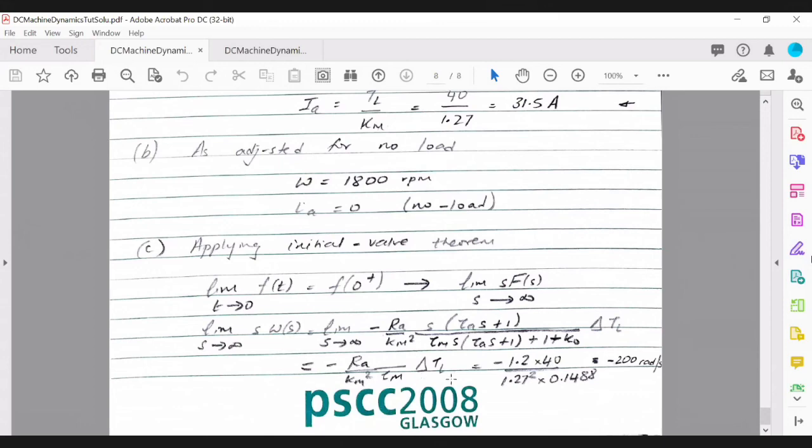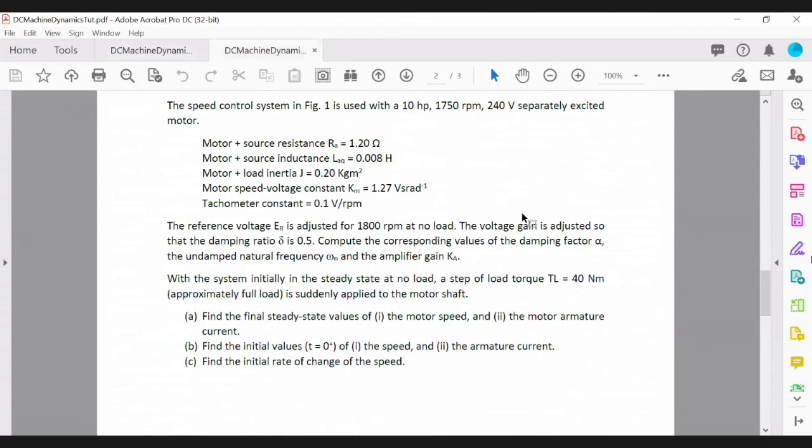The rate of the change in the load is 40 Newton meters, and R, A, Km, and tau m are given. So you can work them out and substitute. So you end up with minus 200 radian per second for this initial rate of change of speed for the motor.